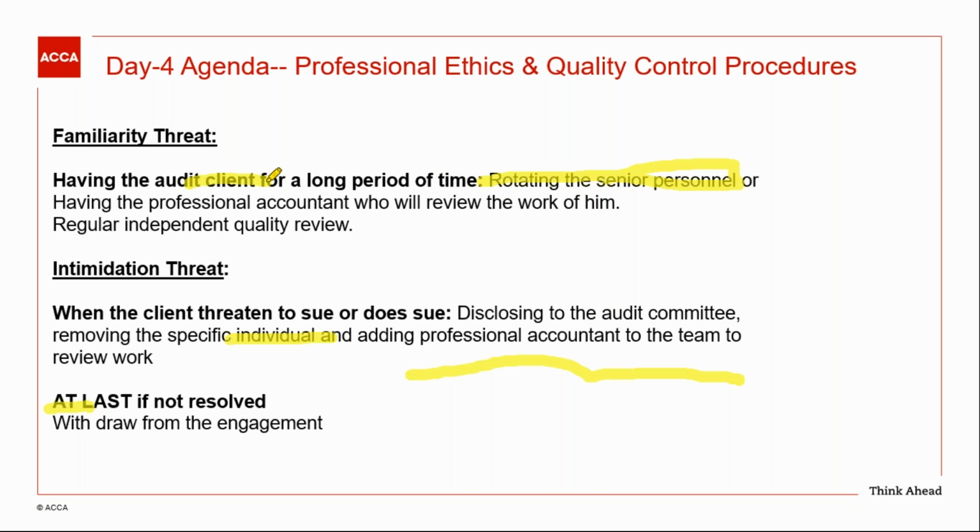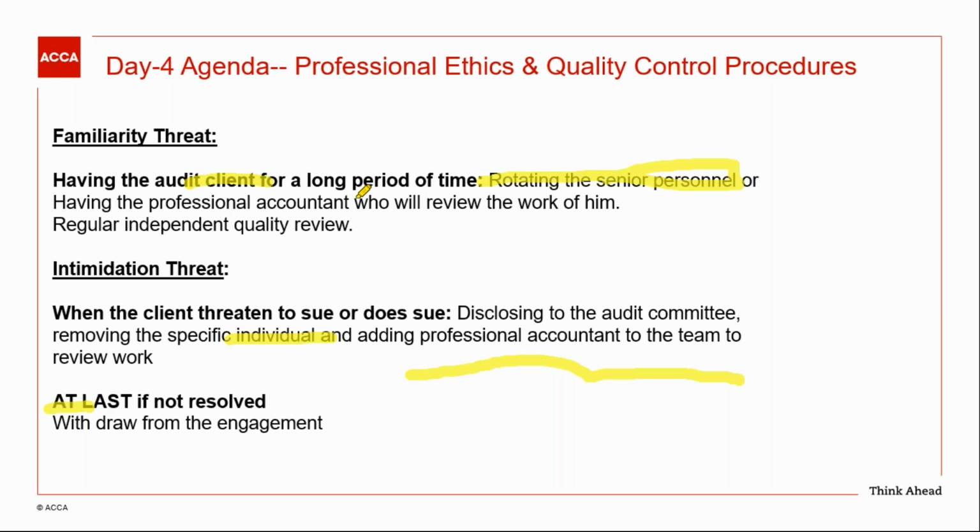You can rotate that partner and allocate a new partner here, so that they can audit with the proper principles and do not have any familiarity relations with that client.